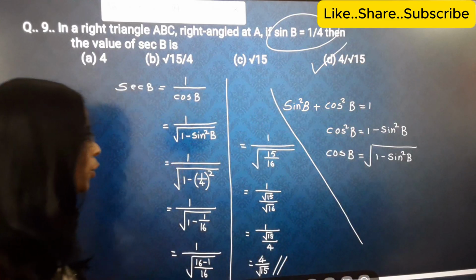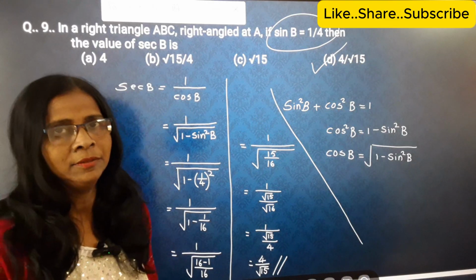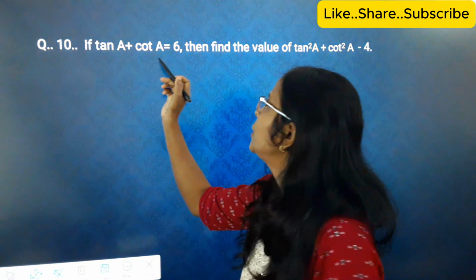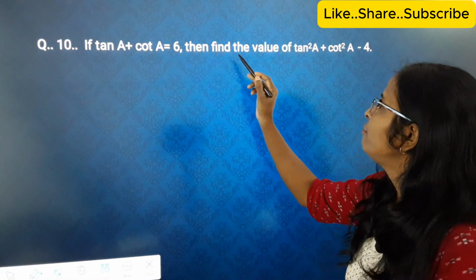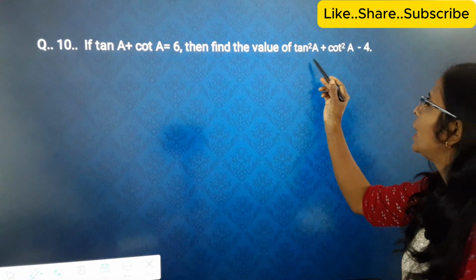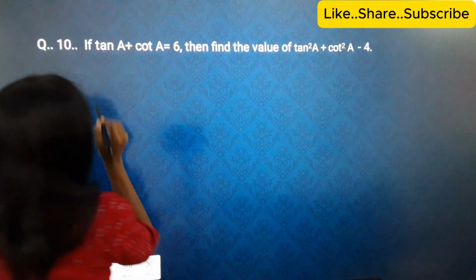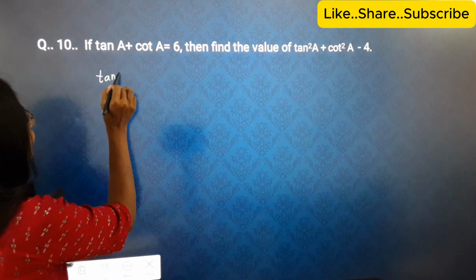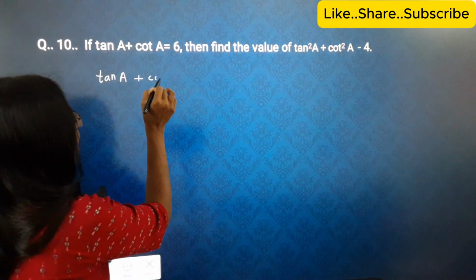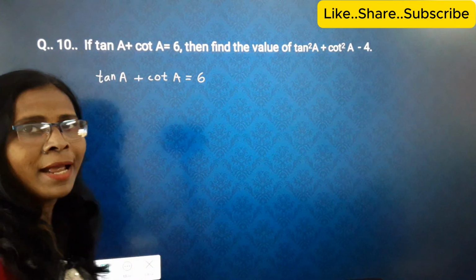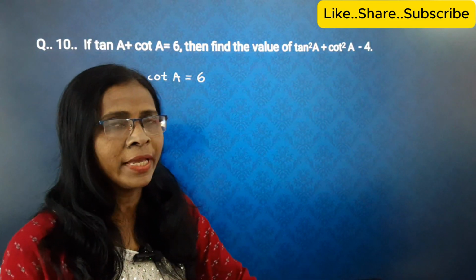4 upon root 15. Next, students, if tan A plus cot A is equal to 6, then find the value of tan square A plus cot square A minus 4. So here tan A plus cot A is equal to 6, and we have to find the value of tan square A plus cot square A minus 4.